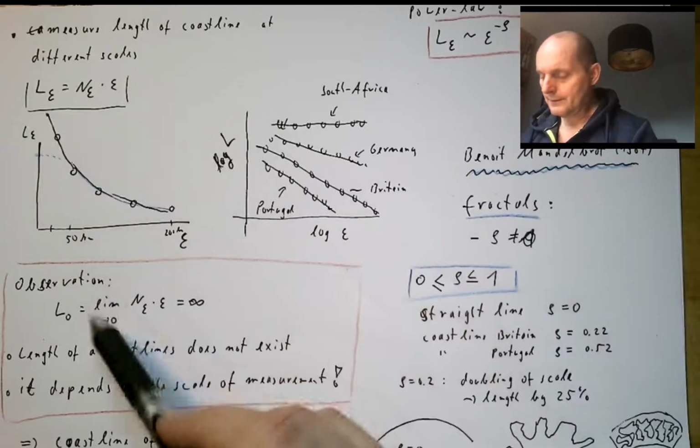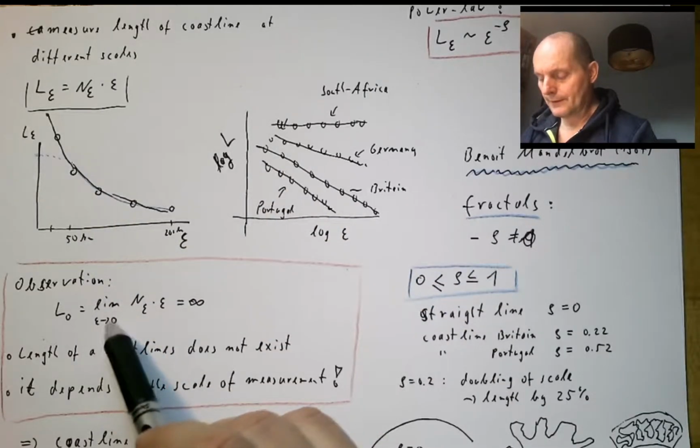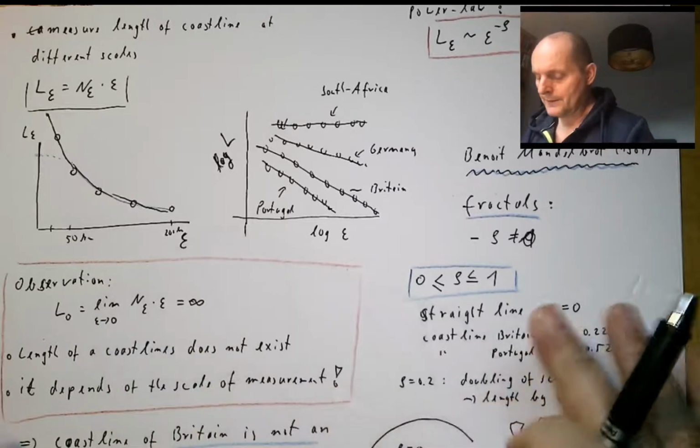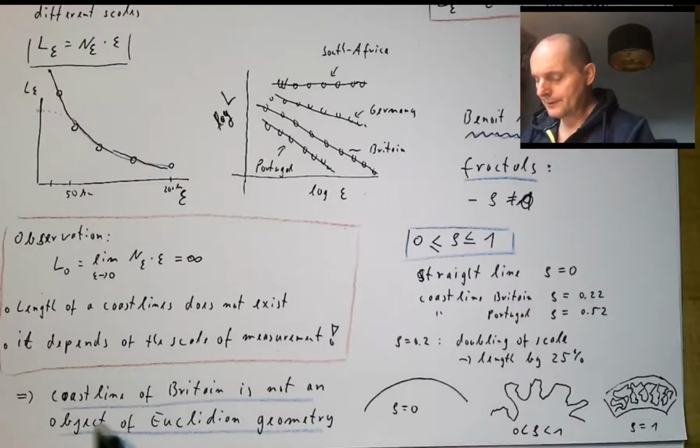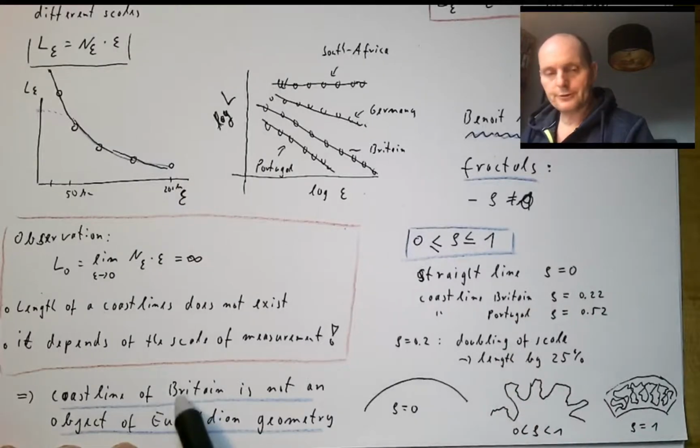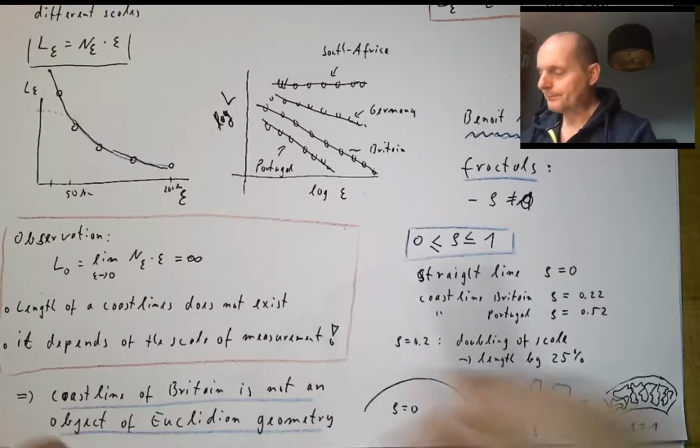So actually the limit of a measurement of the length for a very small scale doesn't exist at all. So the strange thing is that the coastline of a natural object like an island or a continent is not an object that we can describe by Euclidean geometry.